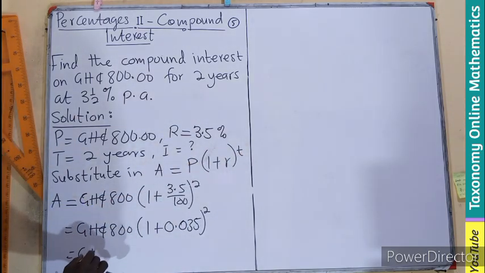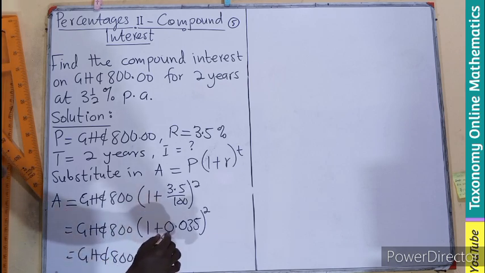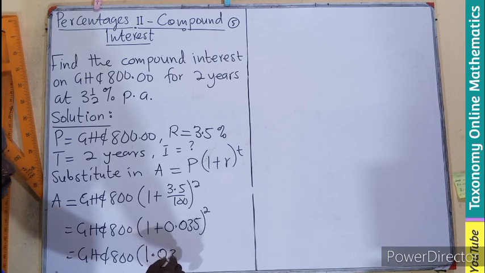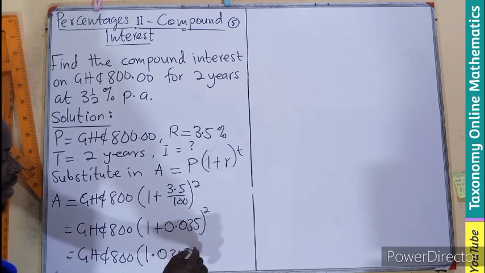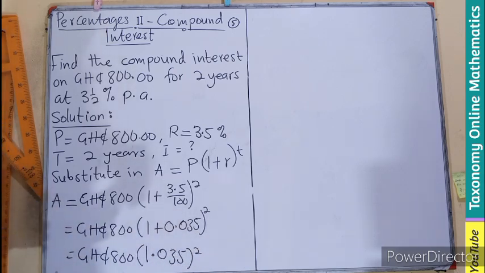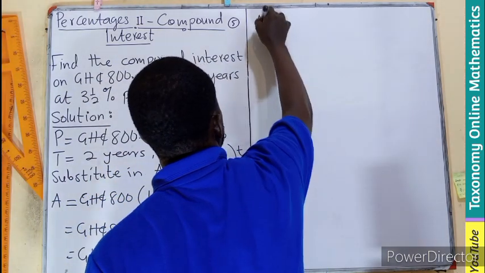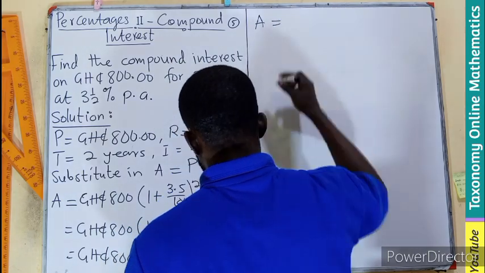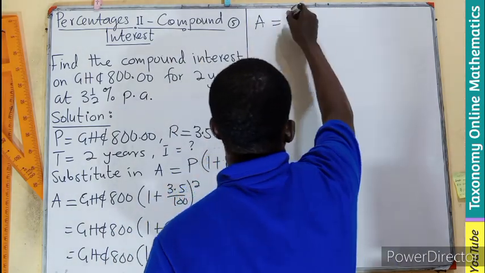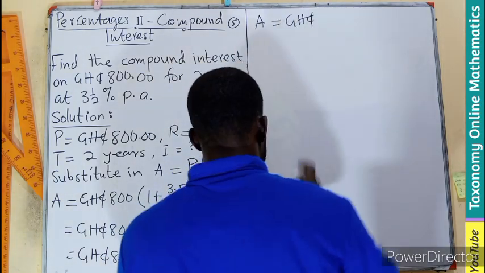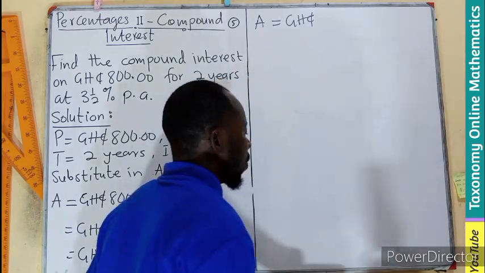So let's simplify further. 1 plus 0.035 will be 1.035 raised to the power 2. You can decide to find the decimal of this and multiply, or I just put the whole thing in the calculator to have the final answer in terms of amount.